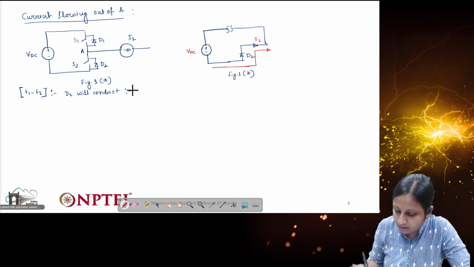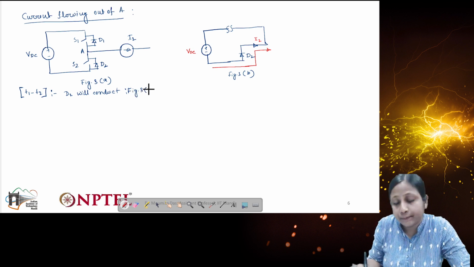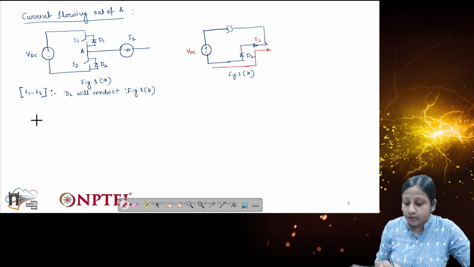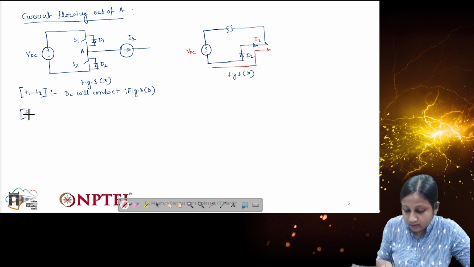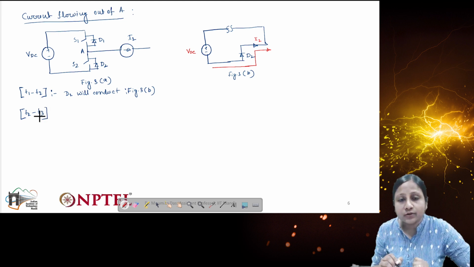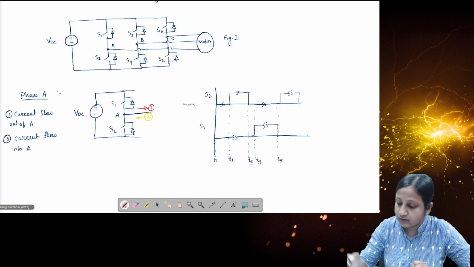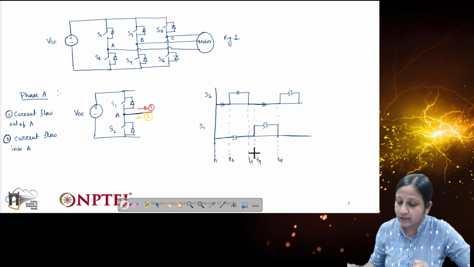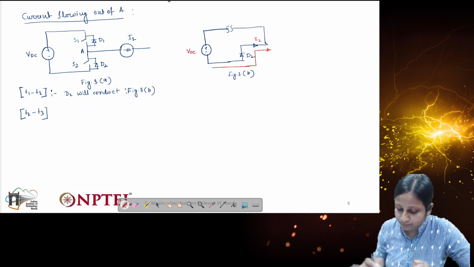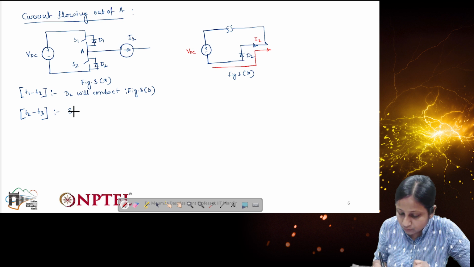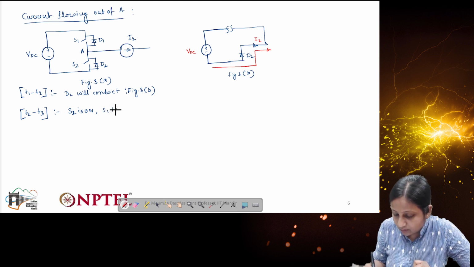Now consider the situation during T2 to T3. In T2 to T3, S2 was on, and S1 is off.